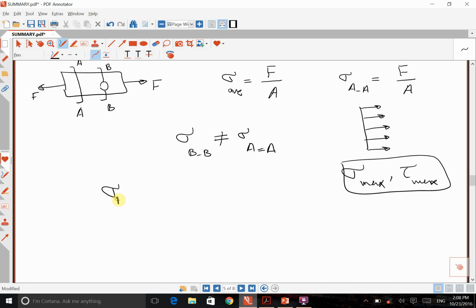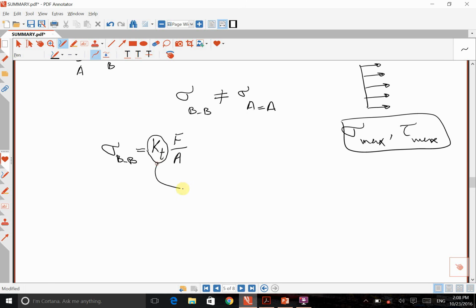So sigma at section BB, the maximum stress, is again F over A, but we need to multiply that by a coefficient, which is KT. This means that we can just normally find the stress, and after multiplying by that coefficient, we're going to find the maximum stress around the hole.